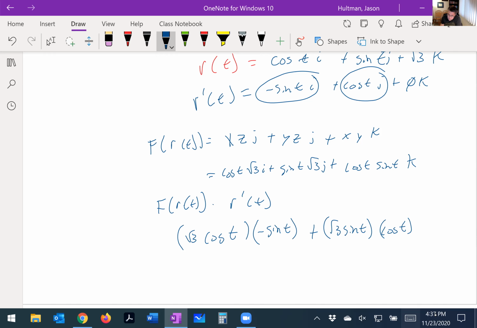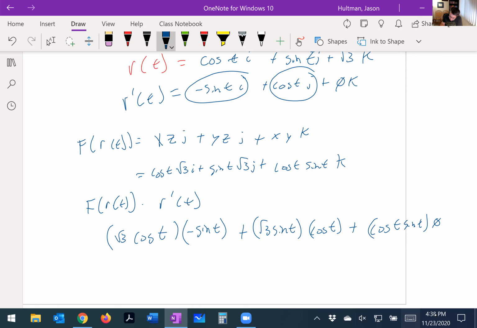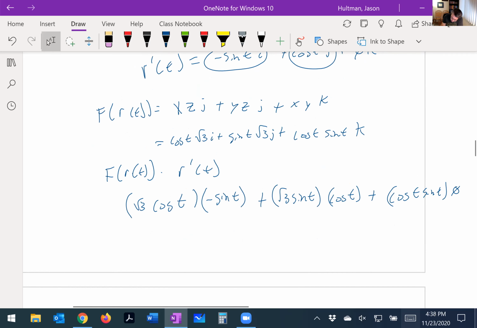That's kind of nice. Plus cosine t sine t times 0. So this becomes negative radical 3 sine t cosine t plus radical 3 sine t cosine t. Those are going to cancel.